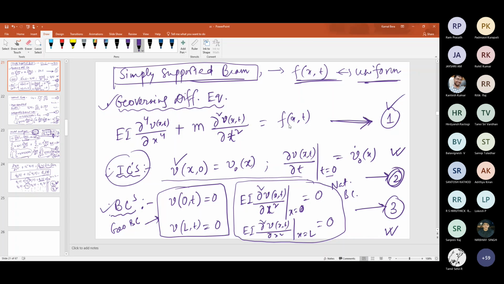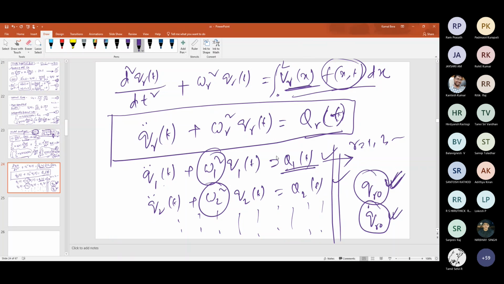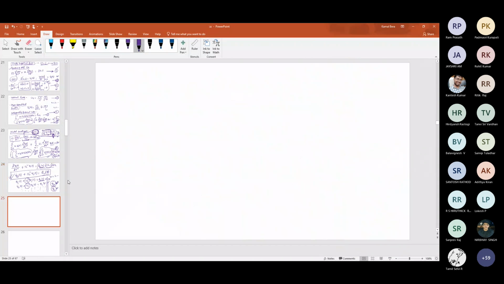But I have to find Q in the generalized or modal coordinate to solve these individual equations. How to get that? So write that equation again. I have to find q_r(0), which is nothing but q_r at time t equal to 0, the initial generalized displacement.